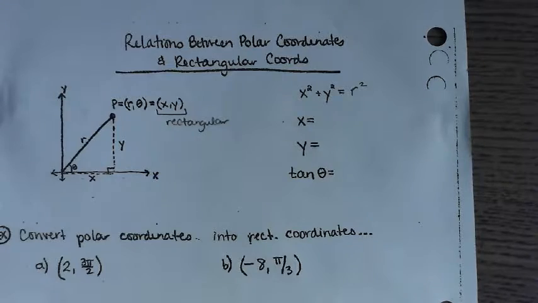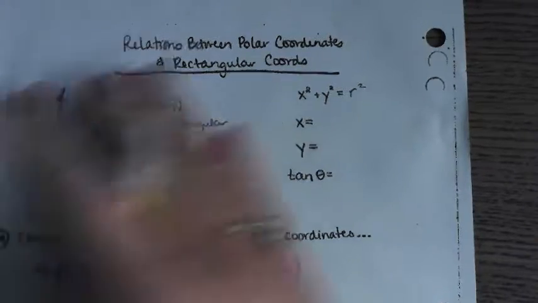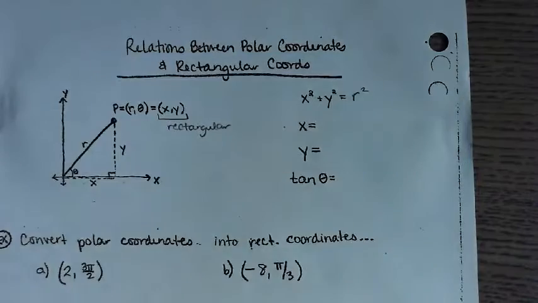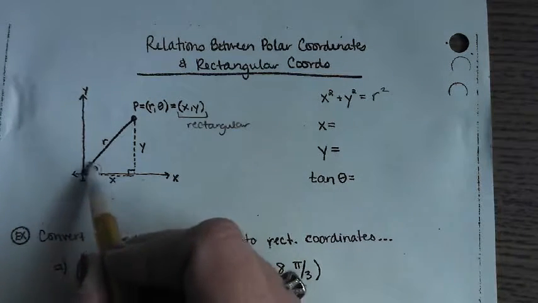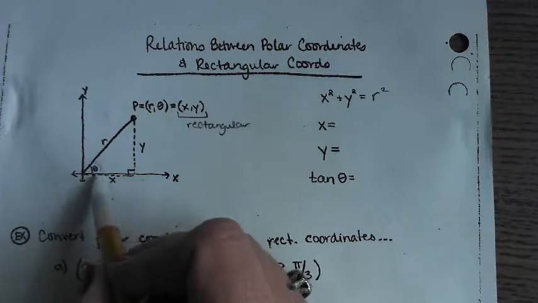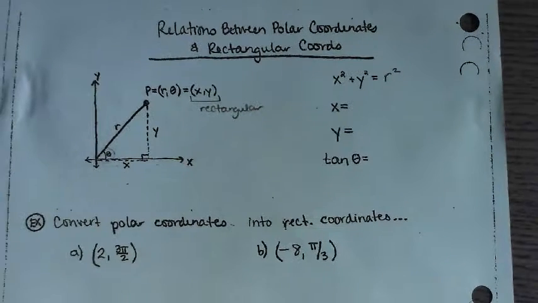Your theta, before I just tell it to you, I'll show you where it comes from. If you were trying to incorporate theta into an equation, what equation could you write that would give you theta? Thinking SOHCAHTOA.